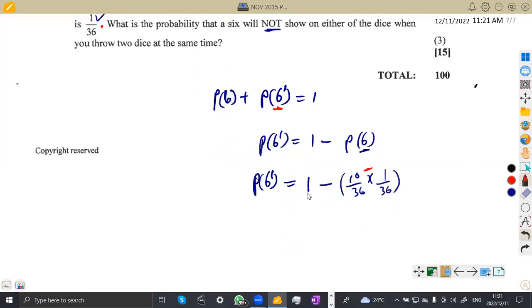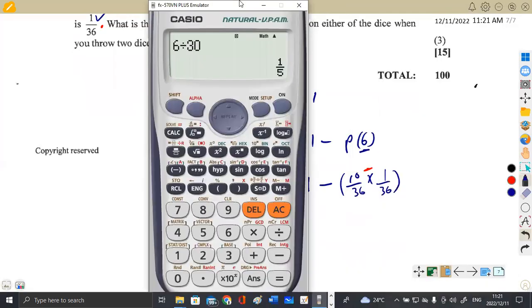So we subtract that from 1, and we remain with the probability of not obtaining a 6, the complement. So that's you guys and your calculator here. 1 minus, we need a fraction, 10 over 36 times 1 over 36.